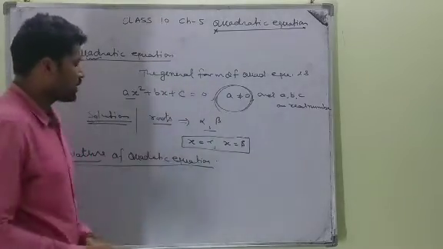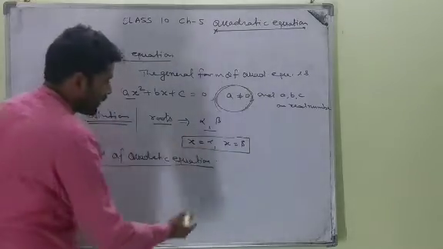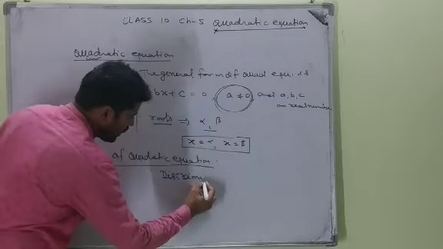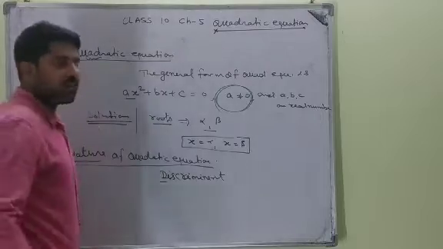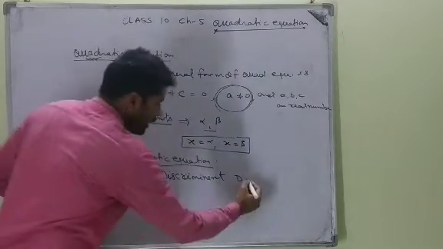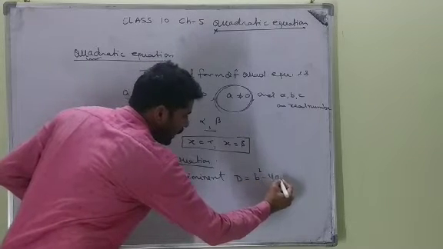Before we go to the nature, we have to study a mathematical word, the discriminant. Discriminant is generally denoted by D, the first letter. D equal to b square minus 4ac.